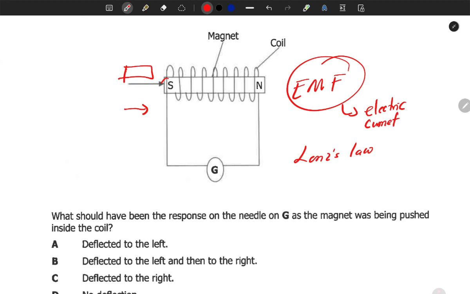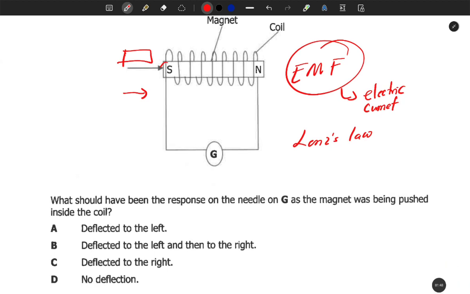This is a very good concept, ladies and gentlemen. Now, listen, come closer. It is the change in the magnetic field that induces this EMF. I'm explaining this so that you can understand why it is like that.